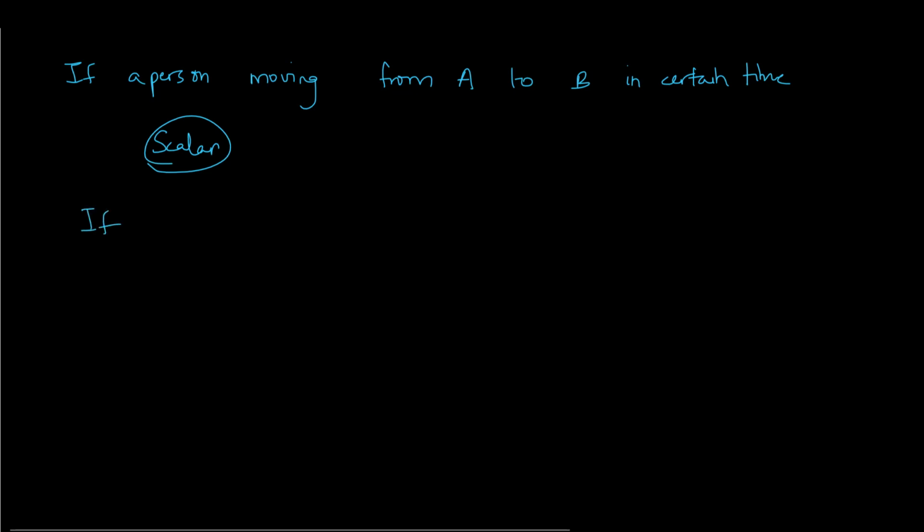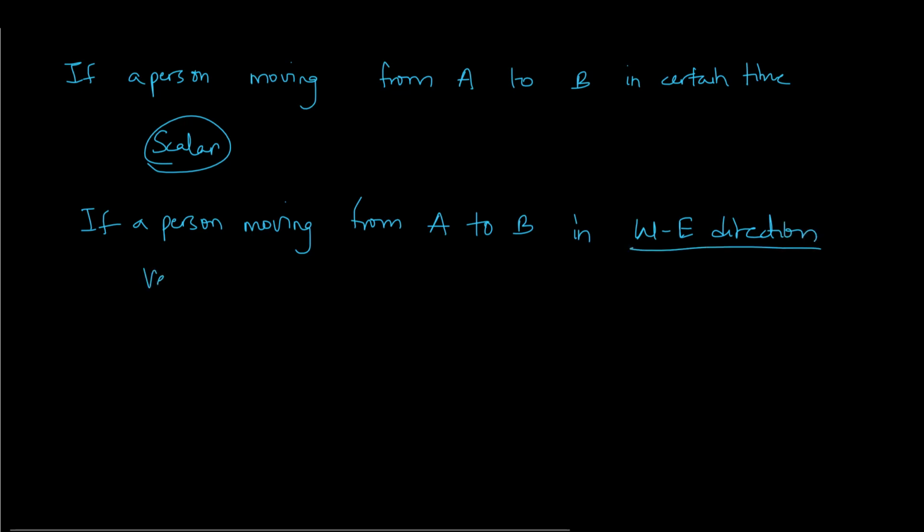If a person is moving from position A to position B in west to east direction, here I specified the direction, then I say it is a vector quantity. So I hope you understood the physical quantities.